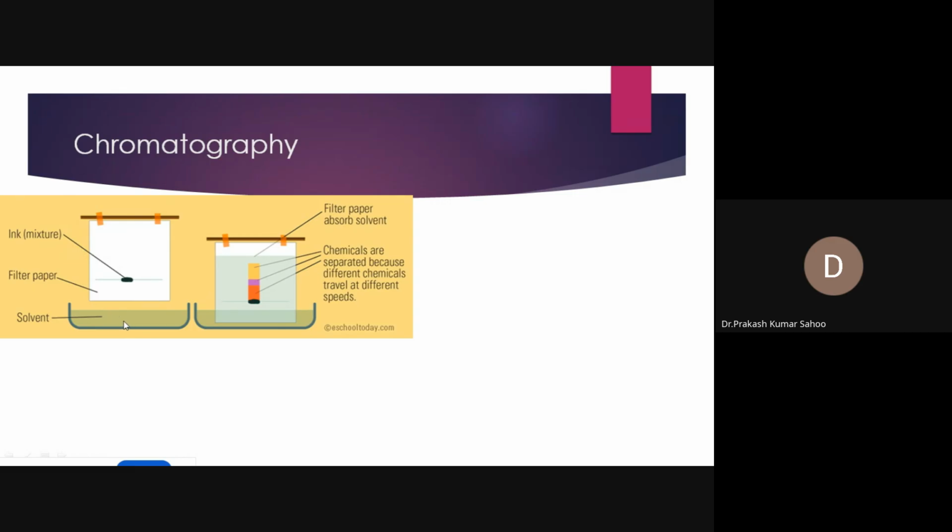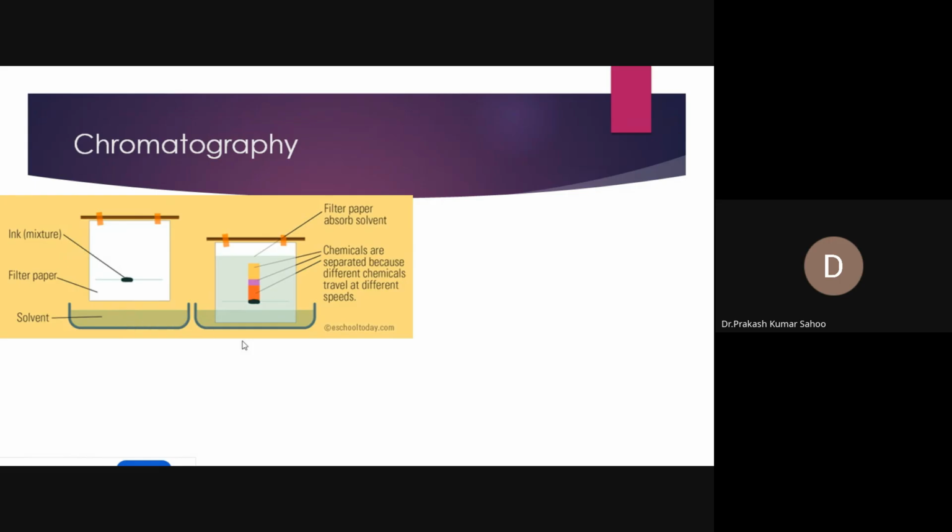The solvent may be ethyl alcohol, acetone, or ethyl propionate. Depending on the type of mixture you are trying to separate, the solvent is chosen. It may be benzene, or any organic solvent.